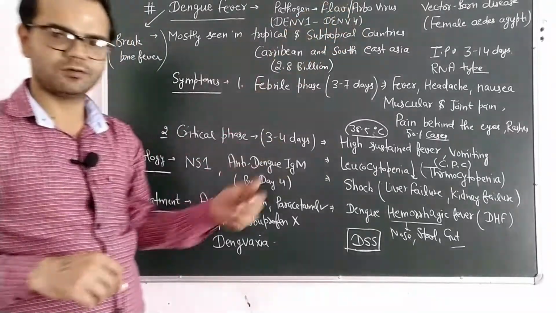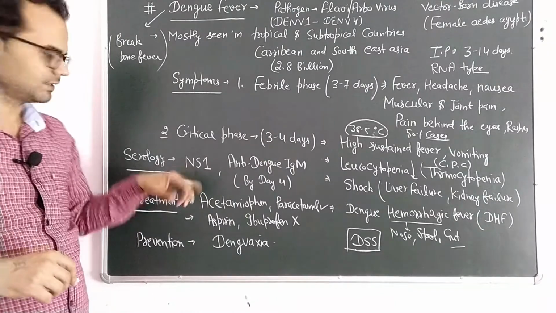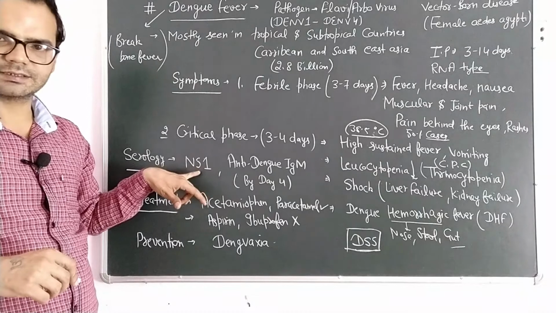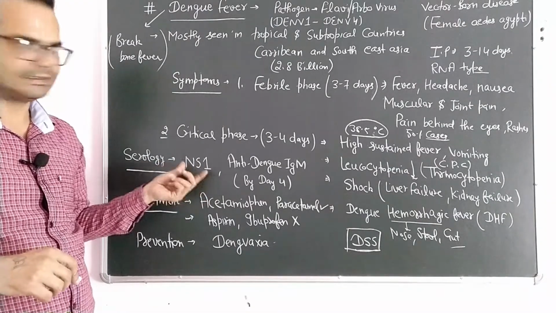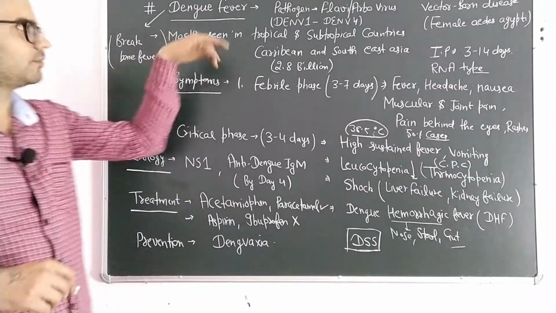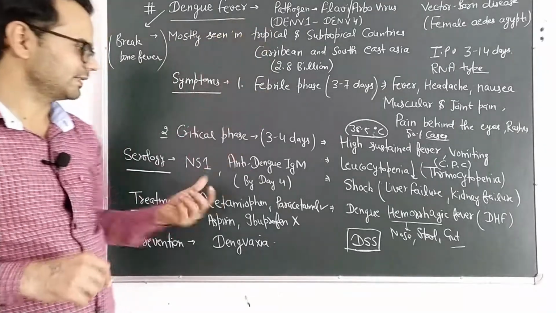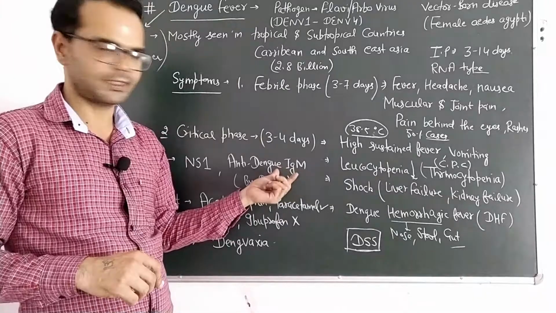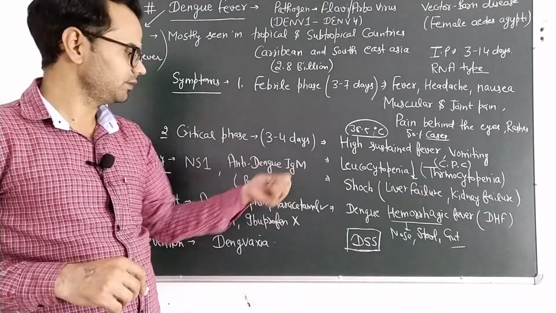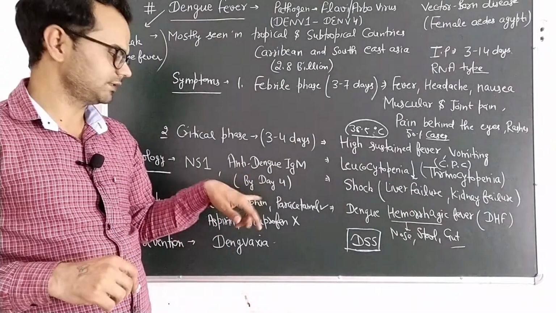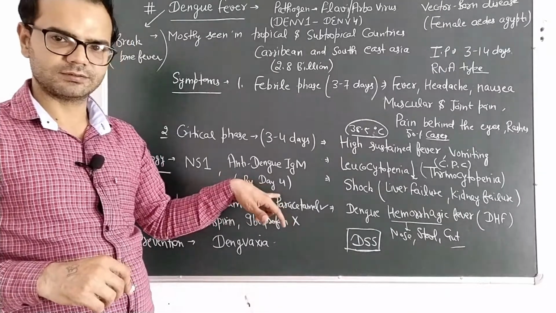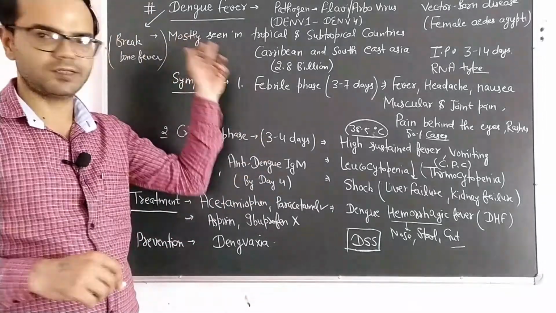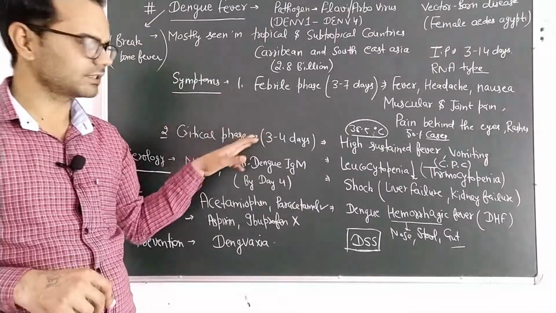As it enters the body on the first day, it produces antigens, non-structural proteins that can be detected in the blood, which will indicate the person is suffering from dengue fever. The second test is detection of anti-dengue IgM, immunoglobulin type M, and it can be detected at day 4 of infection. By these two tests, dengue fever can be confirmed in a patient.